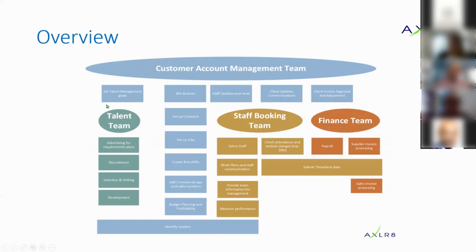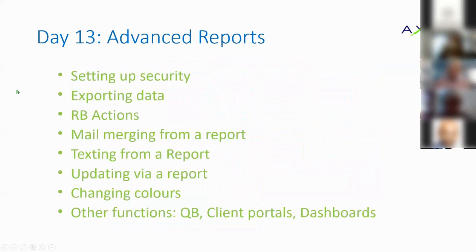So we might just want to give the talent team, and many talent teams now don't see all of this stuff. If they're super users, they can go and see it if they want to by choice, but they just see each day the list of jobs that they're advertising, and they click on it and they find out where people have come from, how many applicants they have, and so on.